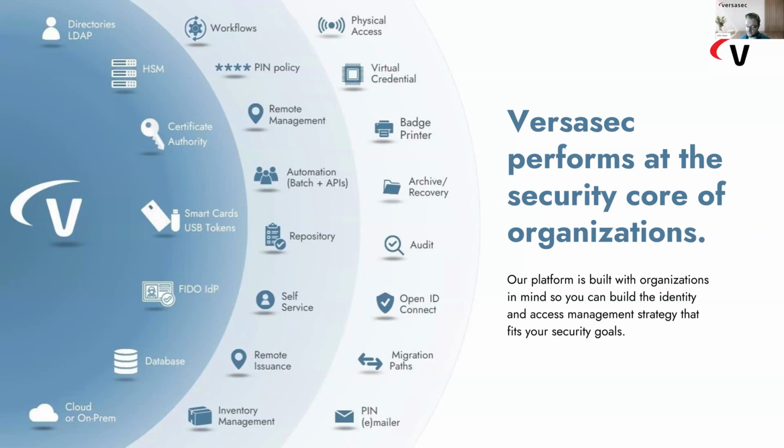Virtual credentials, like the Thales ID Prime Virtual, the Microsoft Virtual Smart Card, or Windows Hello for Business, we can manage that. Printers, integration with smart card printers for the obvious encoding of the PKI and maybe the RFID part, but also for printing those layouts on the smart cards, along with batch issuance processes.